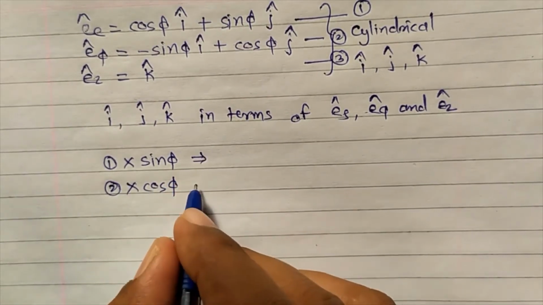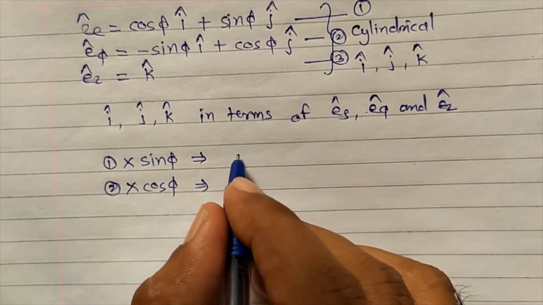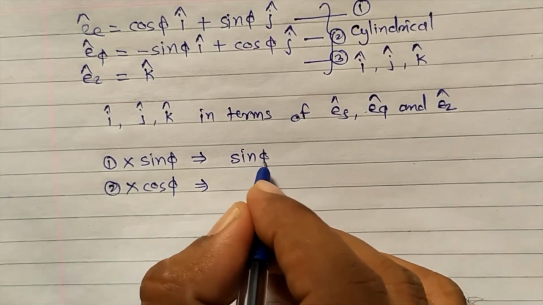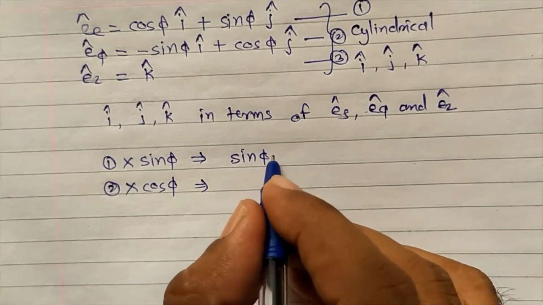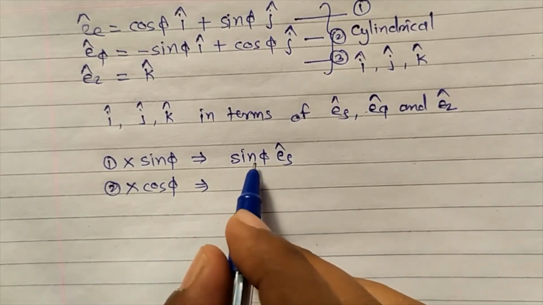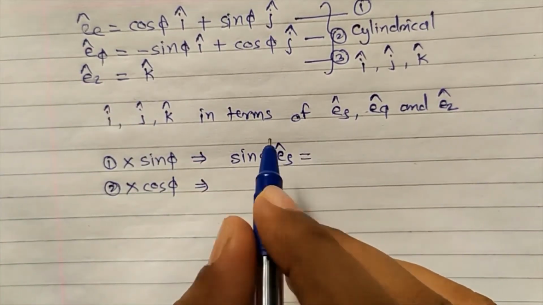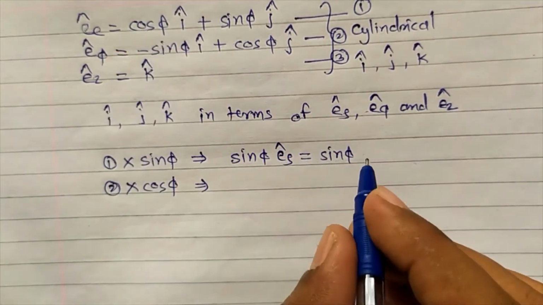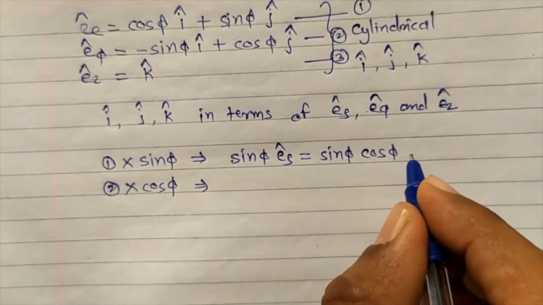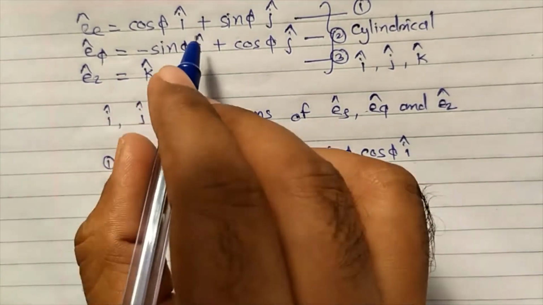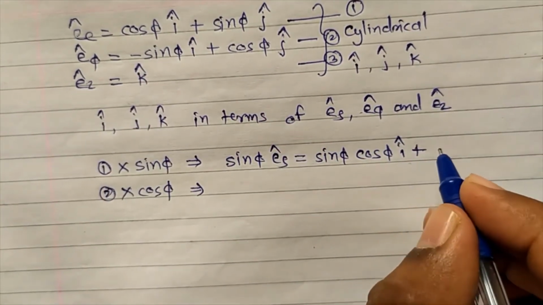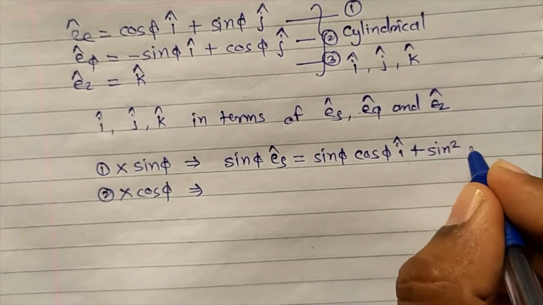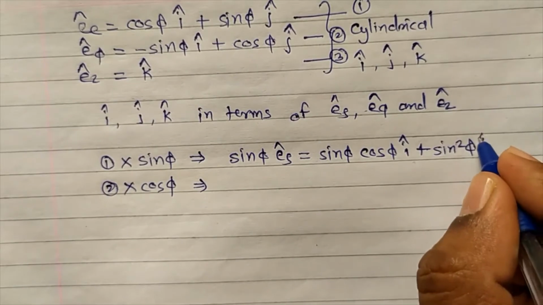So they will look like this. Multiplying equation 1 by sin of phi, we get sin of phi e rho cap is equal to sin of phi cos of phi i cap plus sin square phi j cap.